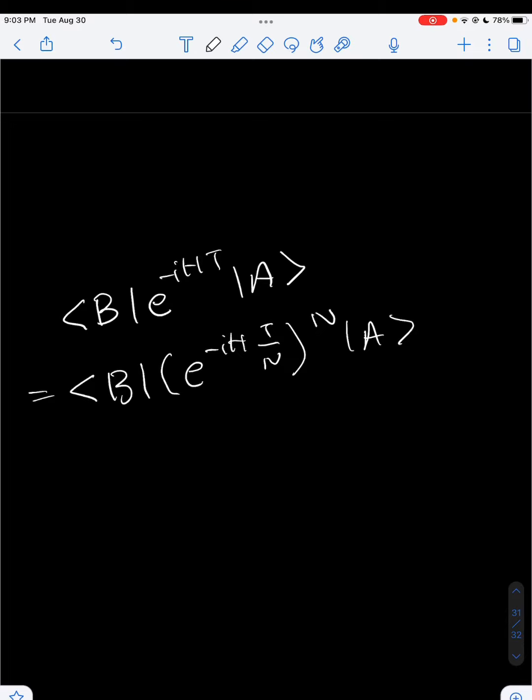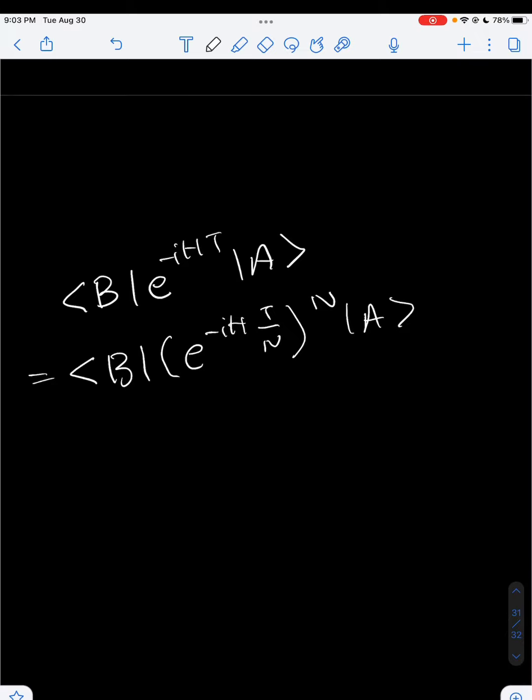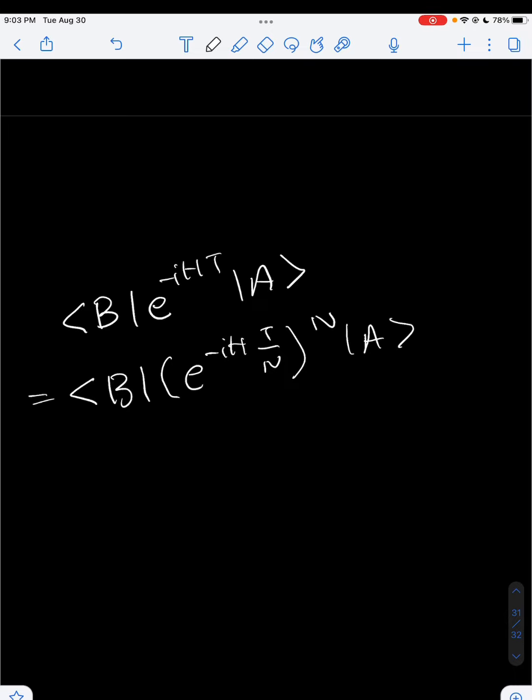This makes sense, right? Since this cancels out, we get our OG expression. So why are we doing this, you might ask? It's going to make sense later. Just bear with me. So you can write the time evolution operator in this way.